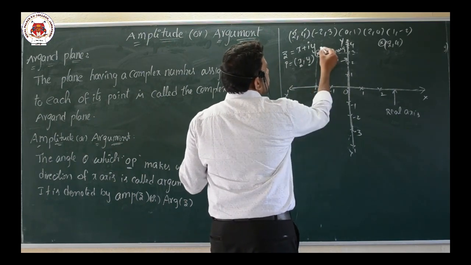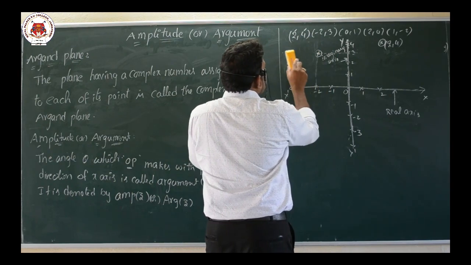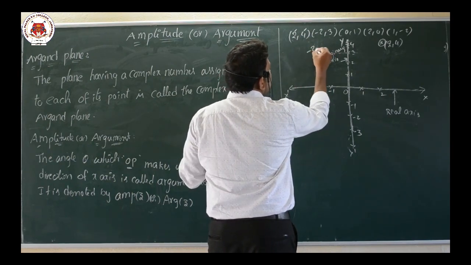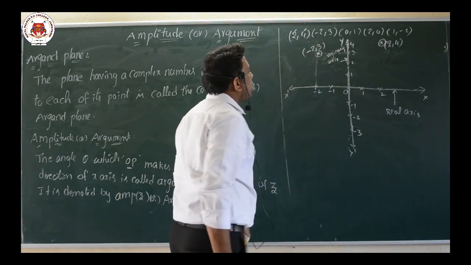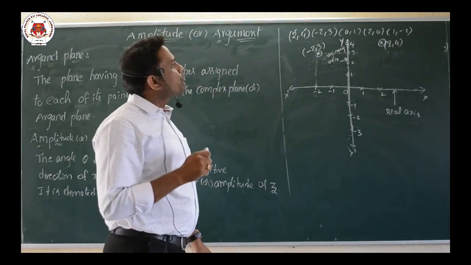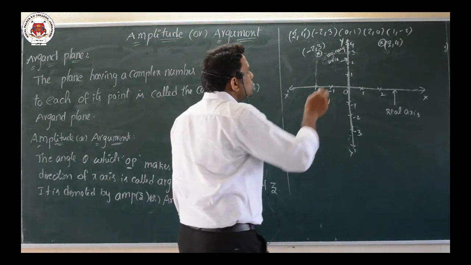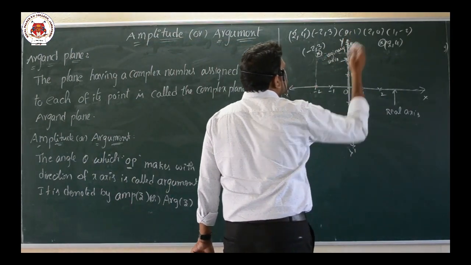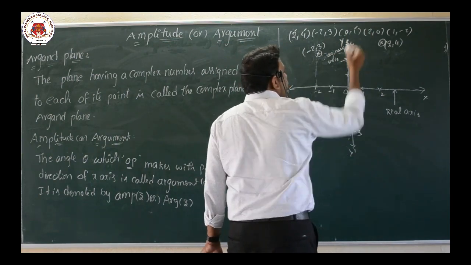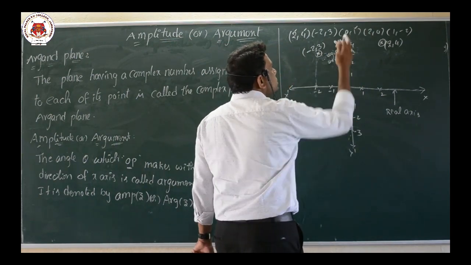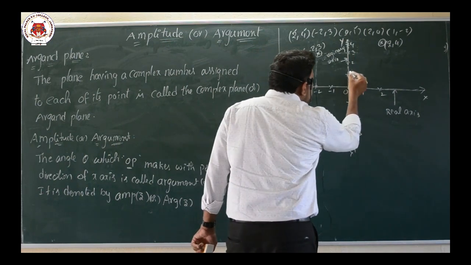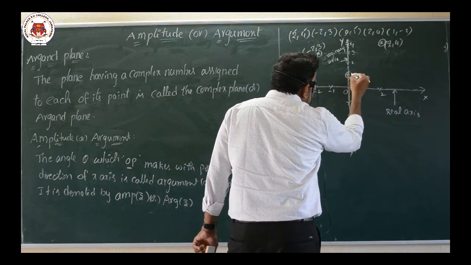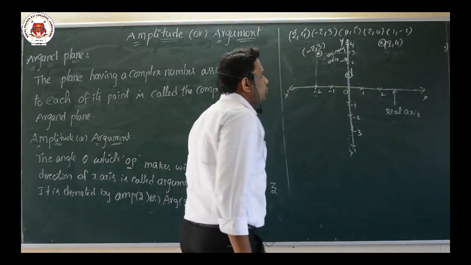This point is (-2, 3). Now the next, third point is (0, 1). 0 means there is no x value, only y, and the y value is 1. So on the y-axis, 1 is here, and that point is on the y-axis.